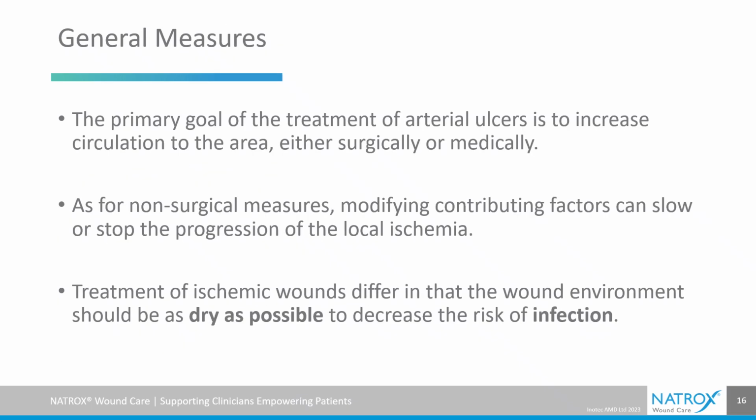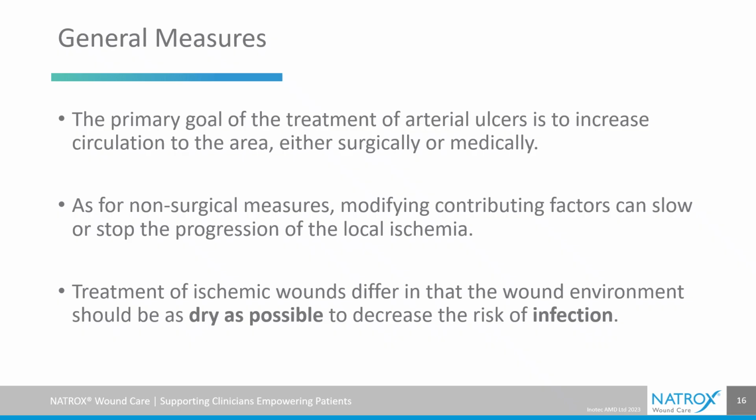The primary goal of the treatment for arterial ulcers is to increase circulation to the area, either surgically or medically. As for non-surgical measures, modifying contributing factors can slow or even stop the progression of local ischemia.